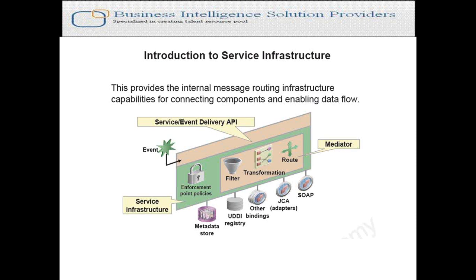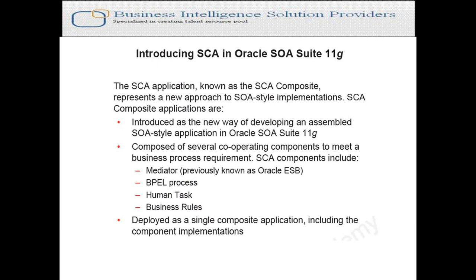So let's introduce SCA in Oracle SOA Suite. We started yesterday talking about service component architecture. So what actually is this? Previously, when SOA started, the feeling was that SOA consists of services, and a service is the basic unit.